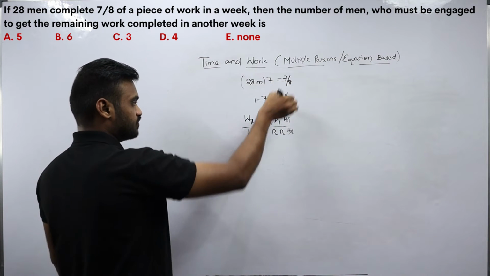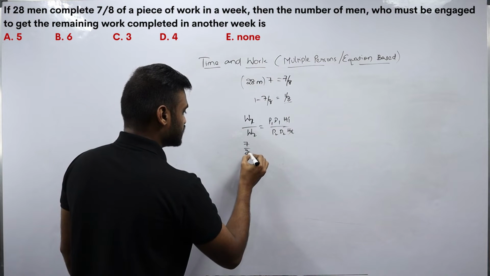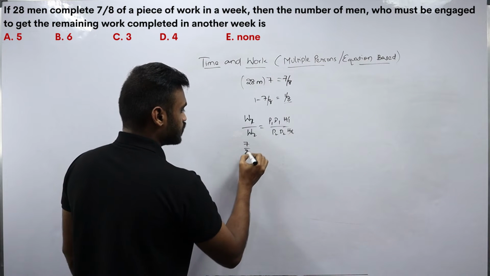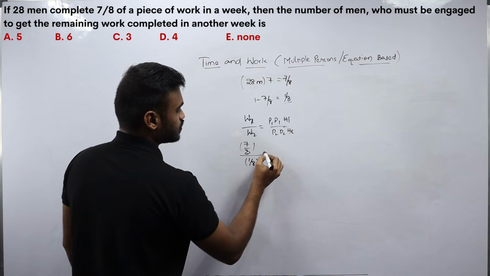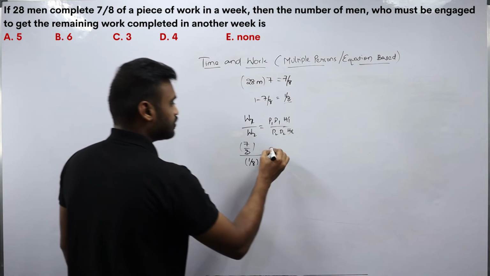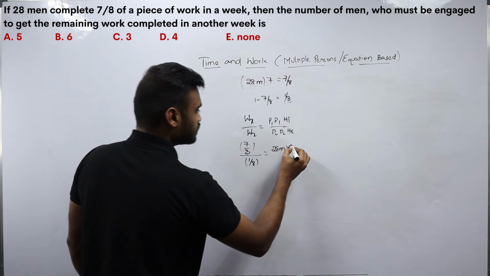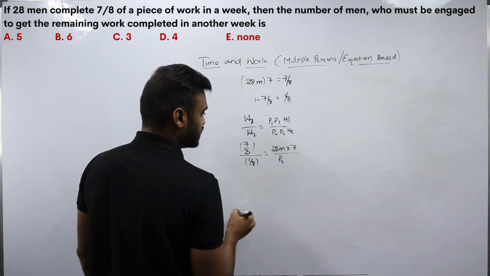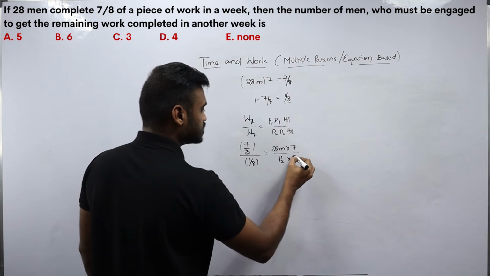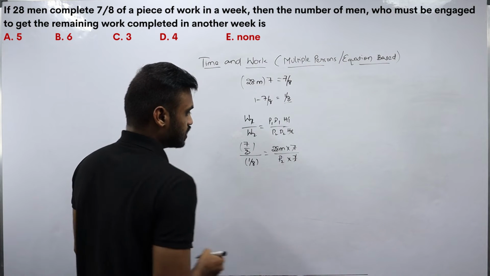Now if I substitute these values, W1 is 7 by 8 part of the work, W2 is 1 by 8 part of the work, P1 is 28 men, D1 is 7 days. In the below scenario we don't know how many persons are needed, and the time is the same, that is 7 days. Now I will cancel 7 and 7 here.